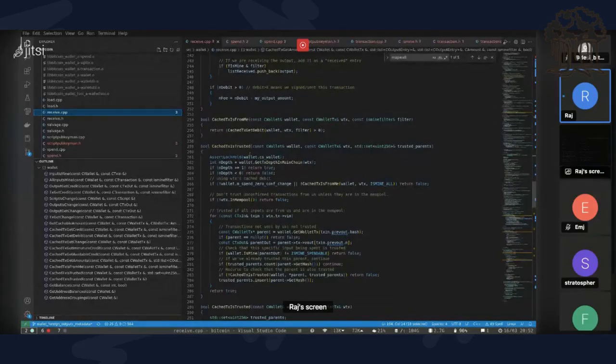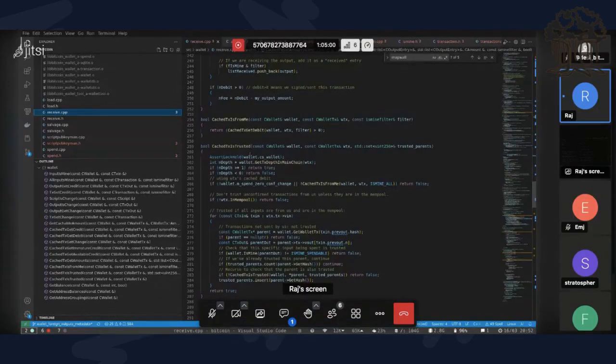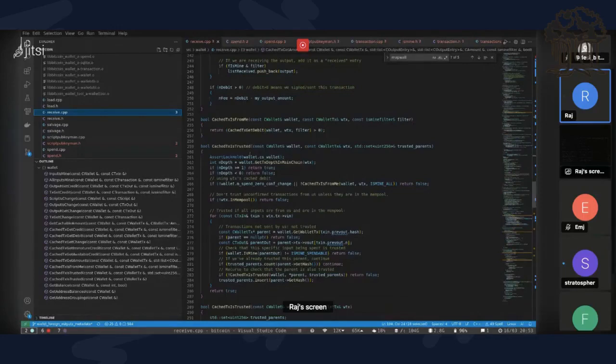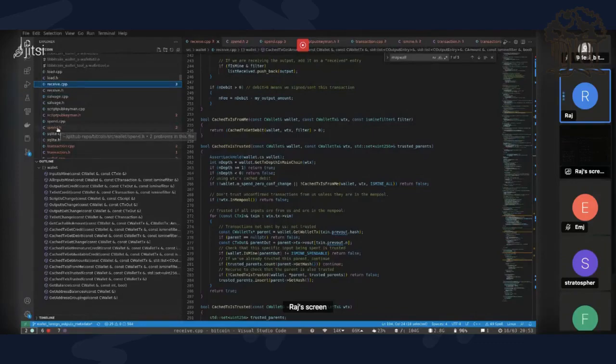Does that make sense? An output is mine, it's change. It's a receive. It cannot be a change also. It can be somebody paying me. In that case also the output is mine. Okay. Yeah, makes sense. So all the cases where the output is mine, it's a kind of receive. And all the cases where the input is mine, it's a spend.